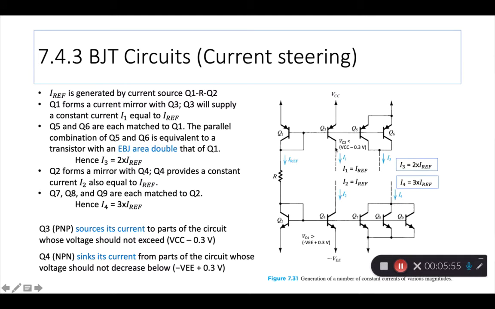So the voltage at this point, VC3, collector 3, should be less than VCC minus 0.3 volts. Similarly, Q4, which is here, sinks current, it's drawing current from parts of the circuit whose voltage should not decrease below. That means the voltage at this point, VC4, I should move that up here, sorry, because this is the emitter, that's the collector.